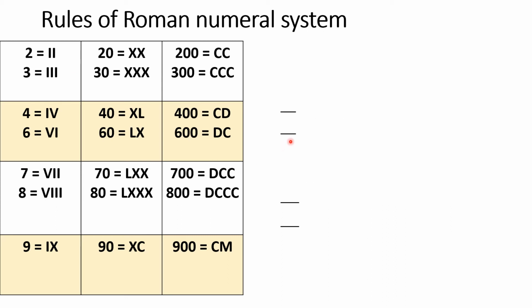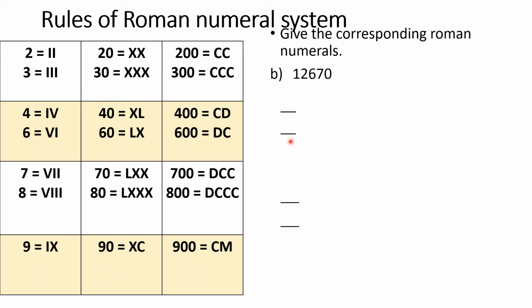Take one more example. See here, 12,670. At first, what we have to do is write the thousands value all together, like this: 12,000 plus 670. Now for 12,000, what is the value of 12 in Roman? Yes, XII. So we will just use a bar above XII and it will become 12,000.